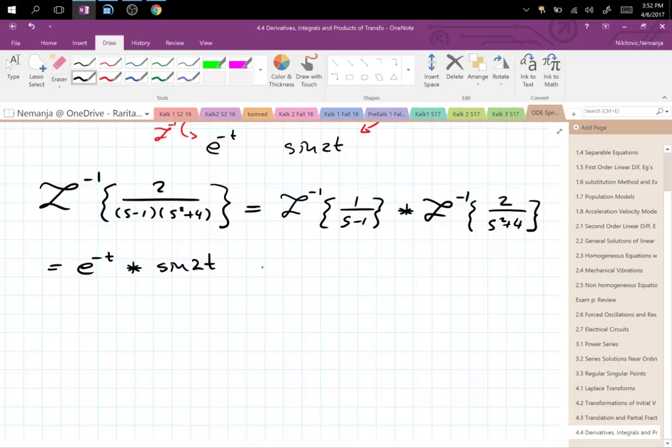I'll have to do integration by parts either way, I think. Let's just do it. I can integrate it either way.